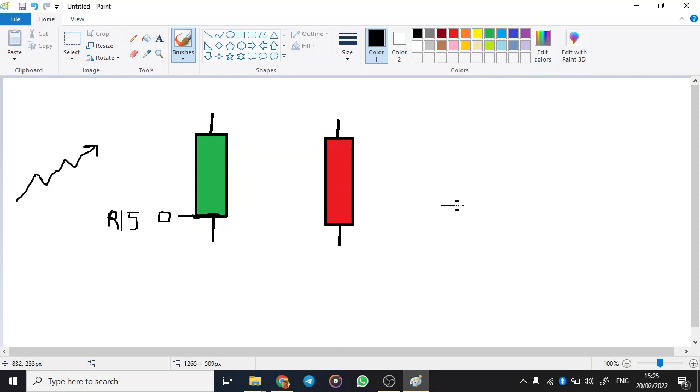Let's do this. So this is the line where the price opens, and it is 15 rands.